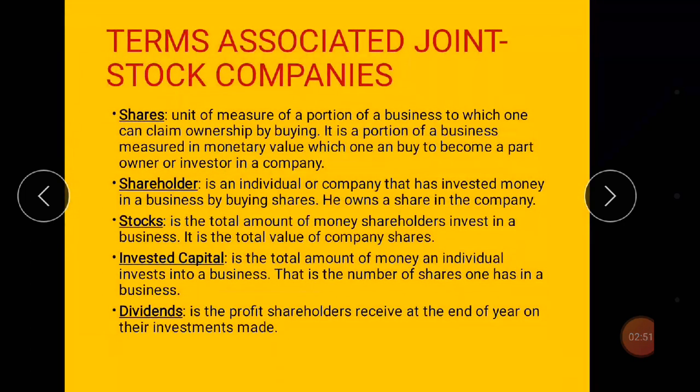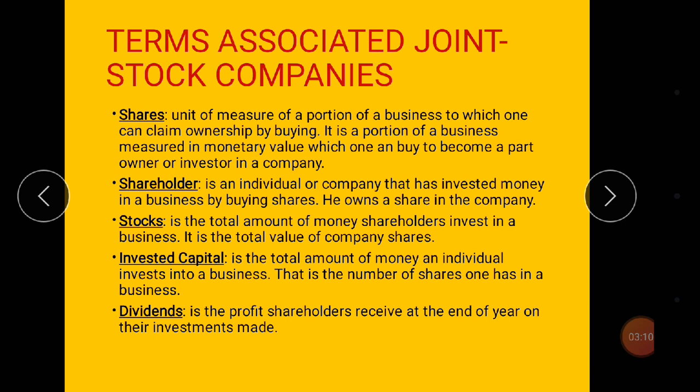I've been using terms like shares, shareholder, stocks, dividends in my definition of joint stock companies. Let's look at these terms and their meaning. So, some terms associated with joint stock companies. The first one is shares.